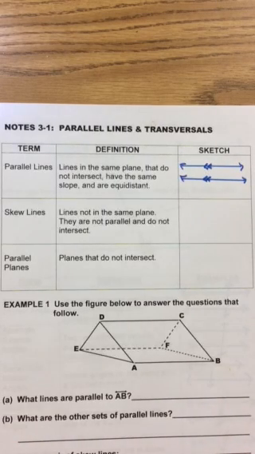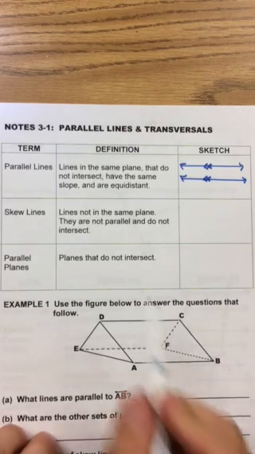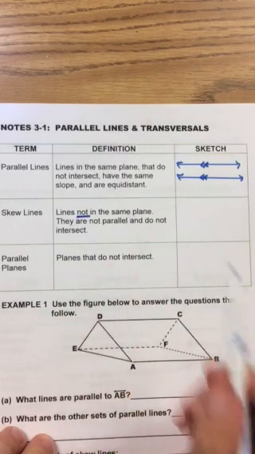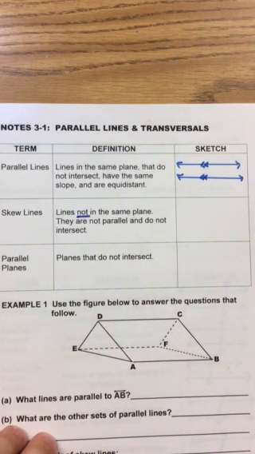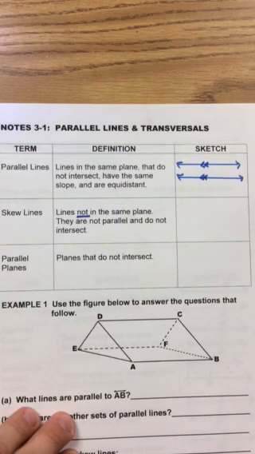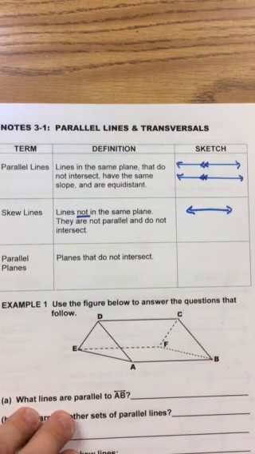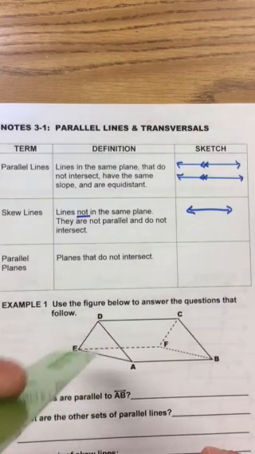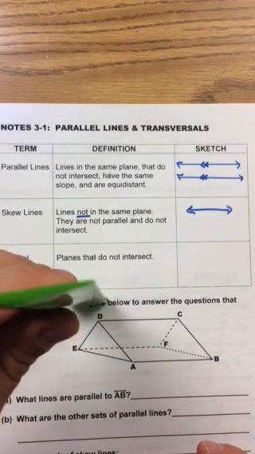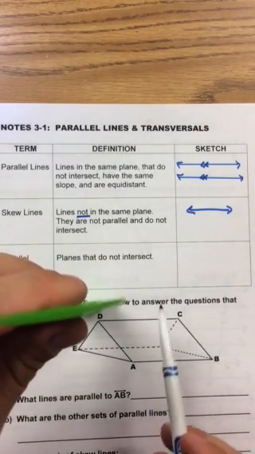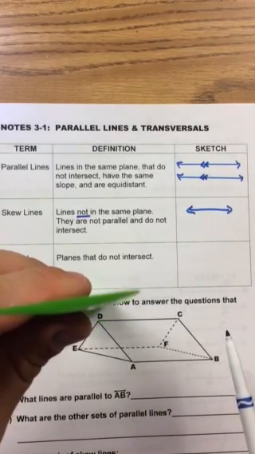Second definition, skew lines. Lines that are not in the same plane, they are not parallel and do not intersect. So a great example would be if I talked about this line right here that I'm drawing and this line right here made by the ruler. Notice they are two lines, they will never touch each other.